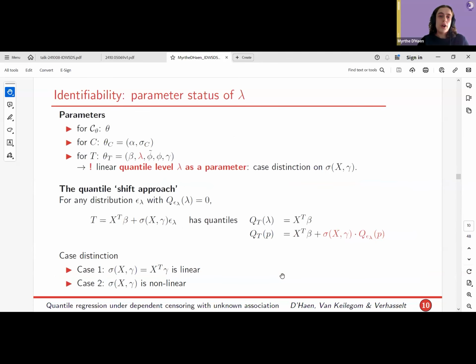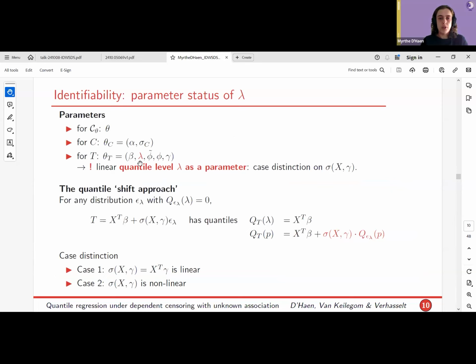Now, what are actually the parameters to be identified? So we have a copula parameter. Then we have two parameter vectors for the marginal distributions that in turn also contain vector elements.